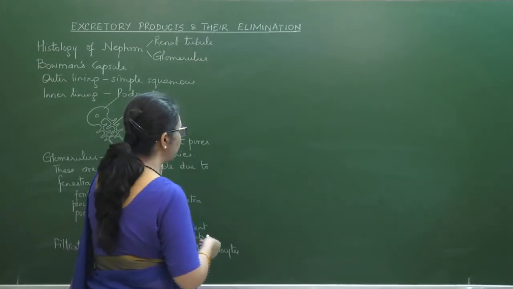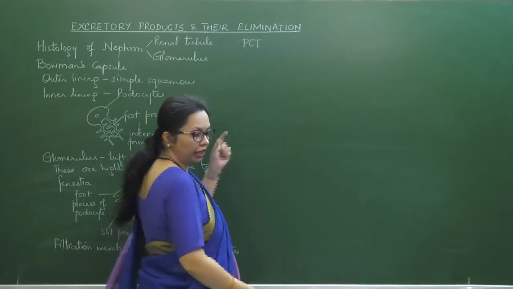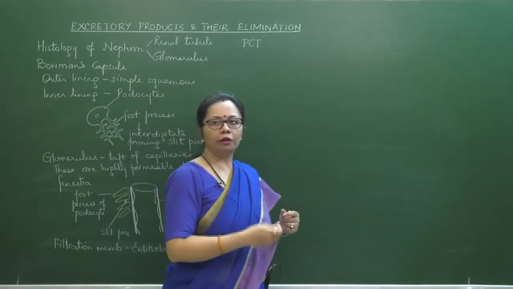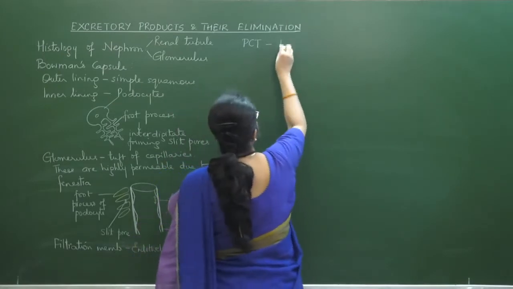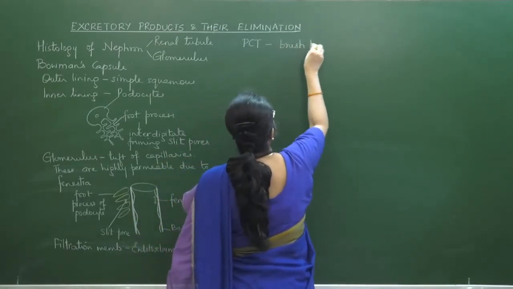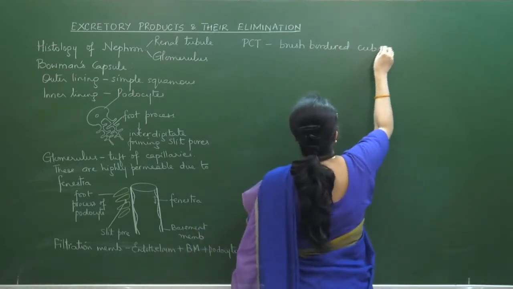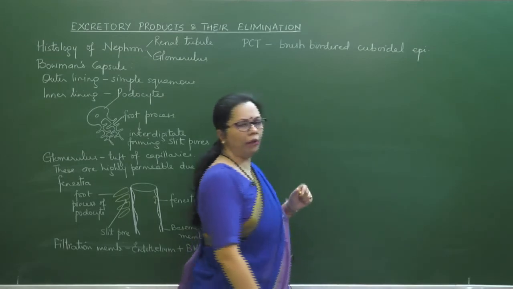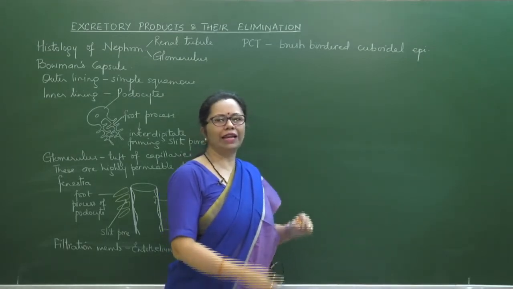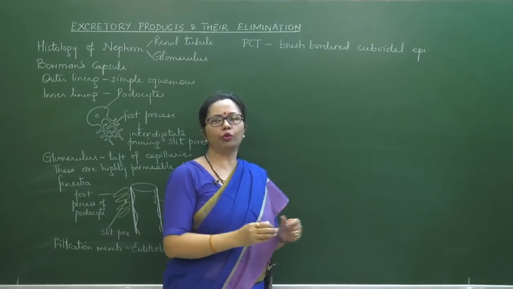Now coming on to the next part, that is PCT, the proximal convoluted tubule. This you have once again done in the chapter on animal tissues. So PCT is lined by brush bordered cuboidal epithelium, and each of these cuboidal cells has many microvilli, and within the cell there are many mitochondria also.